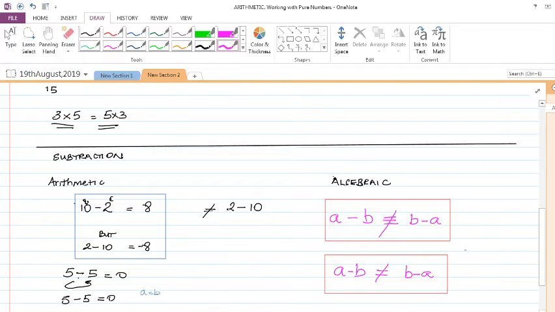Don't confuse these two, they are not the same. As a matter of fact, this statement allows that A minus B may at times be equal to B minus A.